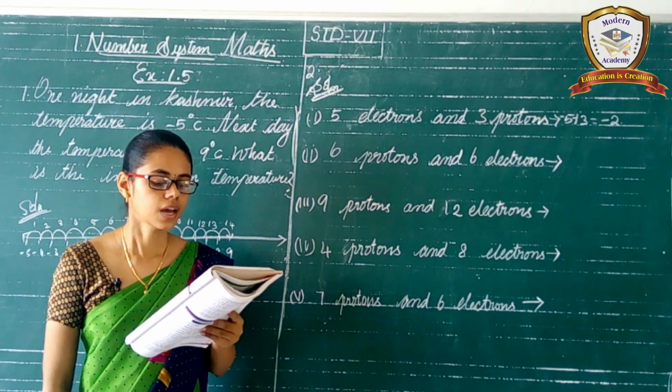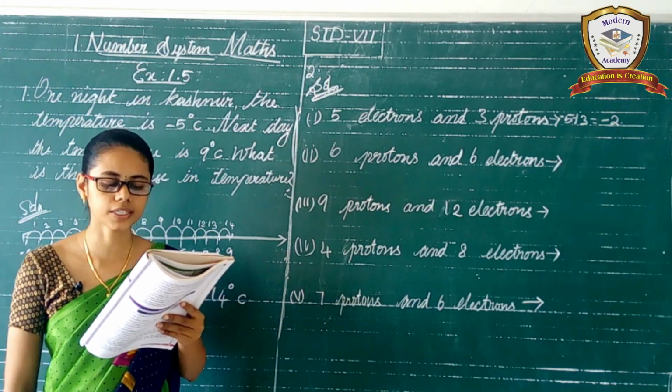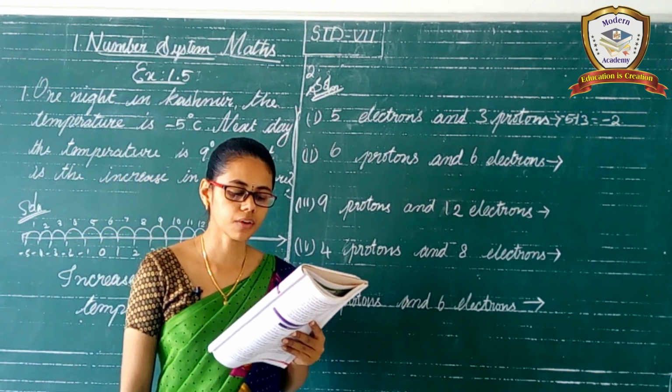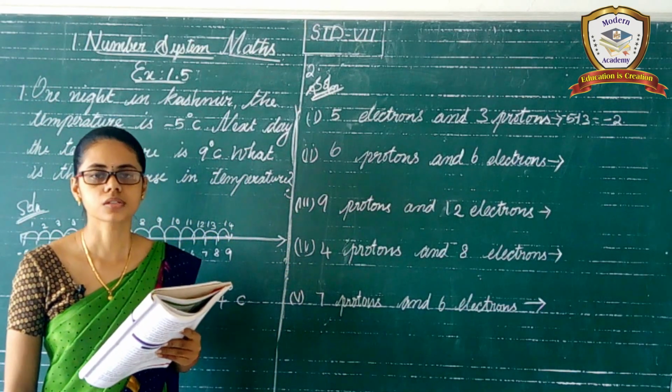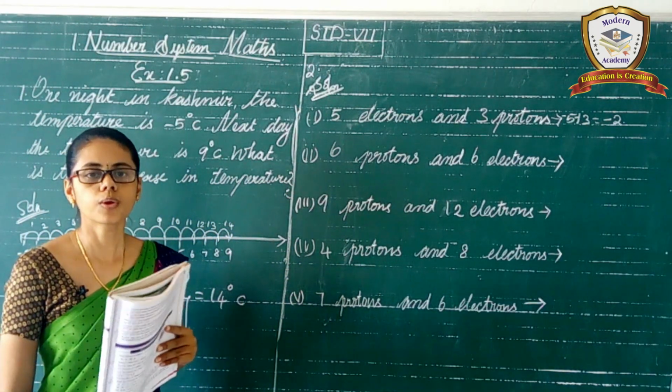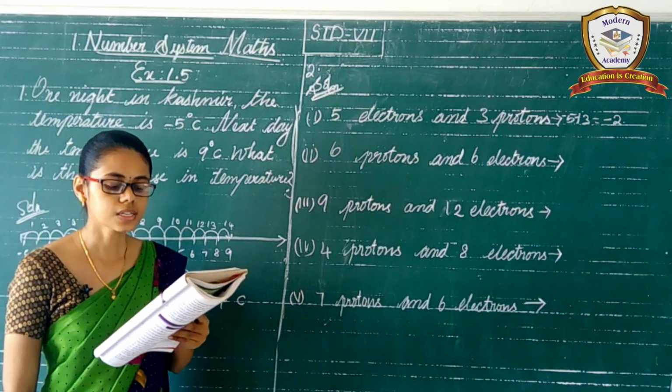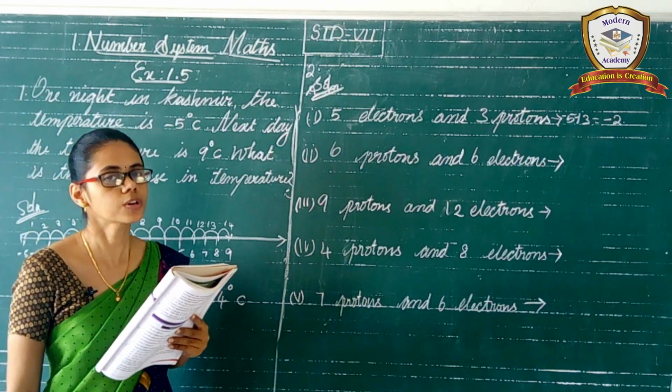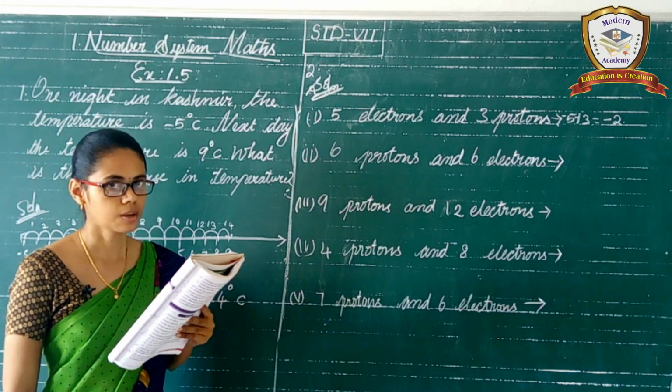See the second question. An atom can contain protons which have a positive charge. See the first line: an atom can contain protons. Protons have a positive charge, and positive charge means plus.